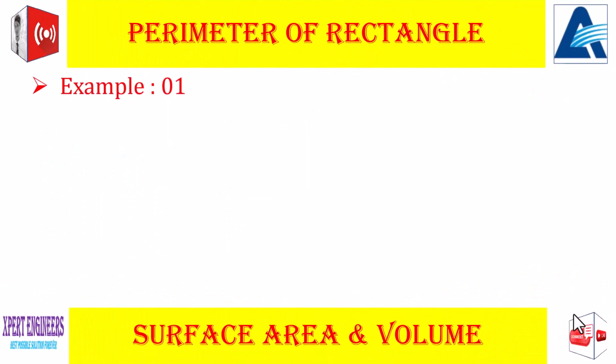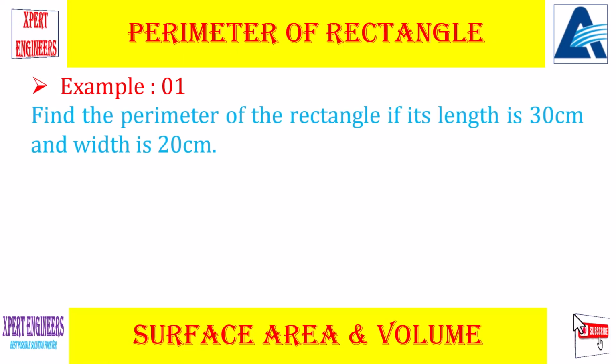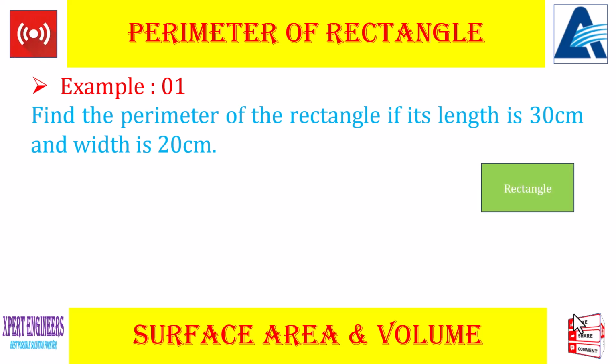Now let's solve an example. Find the perimeter of rectangle if its length is 30 cm and width is 20 cm. Let's suppose that we have this rectangle, and the length of the rectangle is 30 cm and the width of the rectangle is 20 cm as per given data.